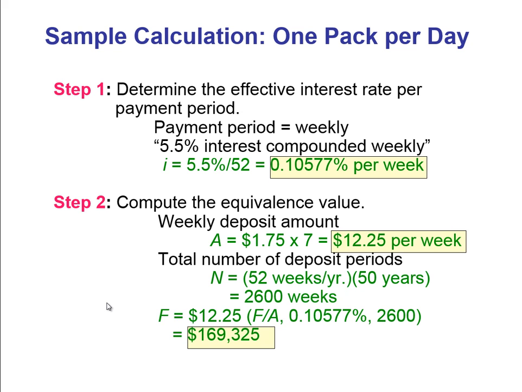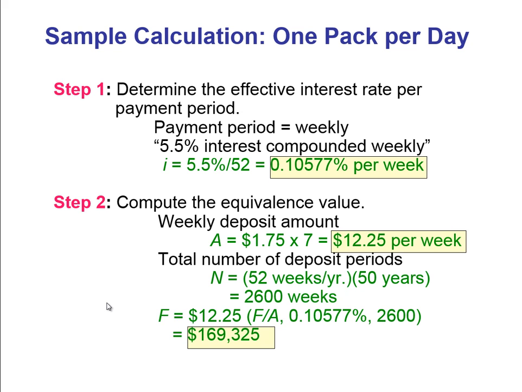That's $12.25 per week. Now for the total number of deposit periods, we have 52 weeks per year, over 50 years. So multiply 52 by 50, and you get N, the number of deposit periods or payment periods, and that will be 2600 weeks.